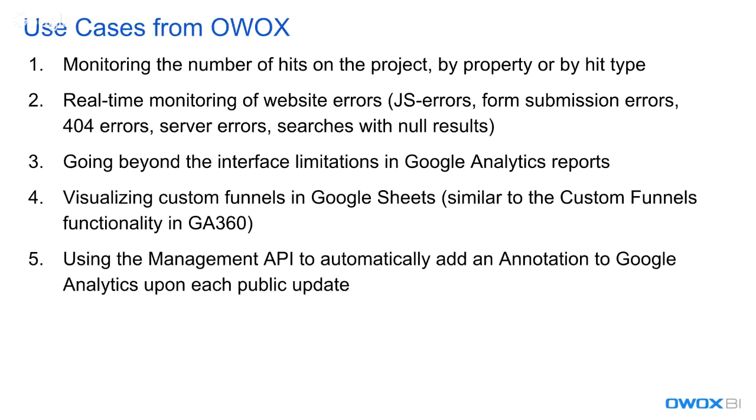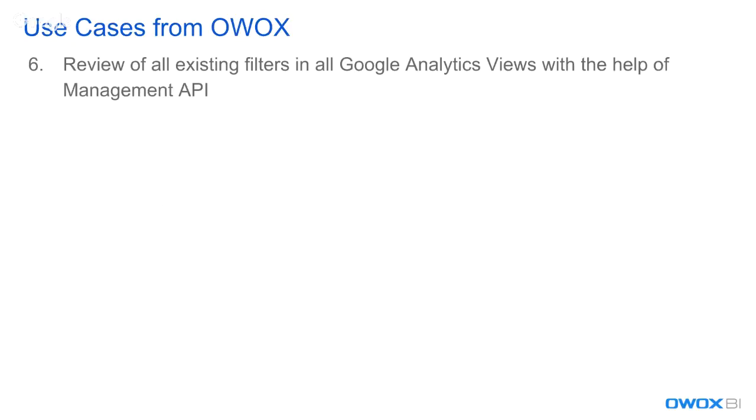You can also use Management API to automatically add annotations to Google Analytics upon each public update. What does it mean? When developers add some new functionality on your site, you can set automatic adding of an annotation to Google Analytics, and you don't need to go to the interface to add it. Also, you can review all existing filters in your Google Analytics views with the help of Management API.